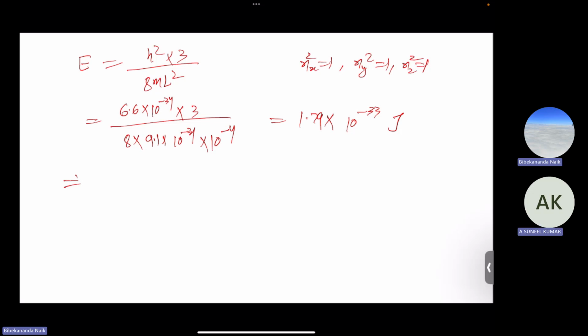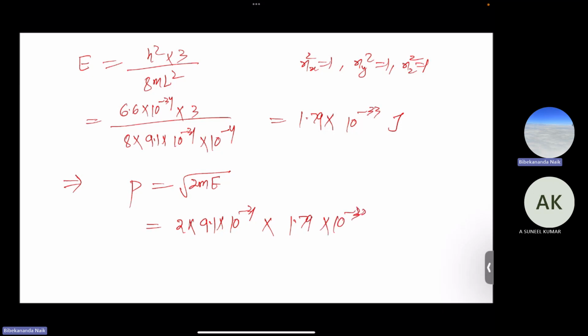So again, p is root of 2mE. So 2 into 9.1 into 10 to the power minus 31 into 1.79 into 10 to the power minus 33, root over, which is 5.7 into 10 to the power minus 32 kg meter per second.